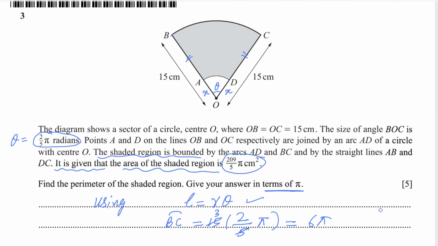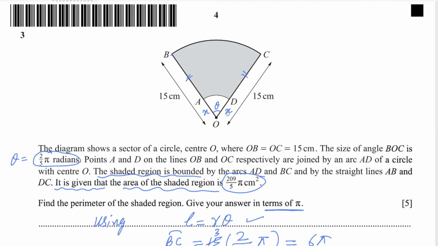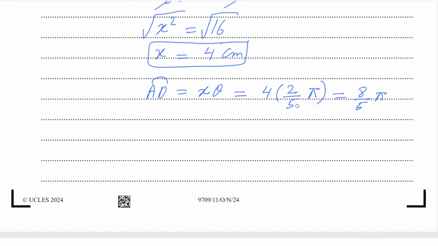Because we found x, AB and DC can be found: the total is 15 and x is 4, so the remaining part, 15 minus 4, is 11. So AB equals DC equals 15 minus 4 equals 11.